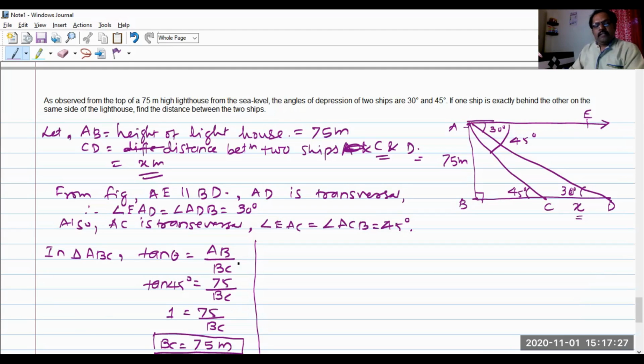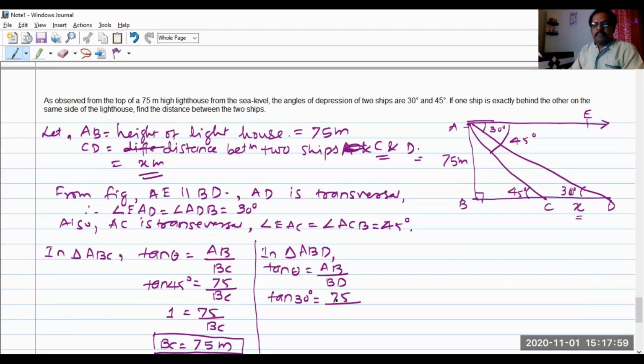After that we consider triangle ABD now. In triangle ABD, again we use tan theta only. Tan theta equals the opposite side AB over the adjacent side of the 30 degree angle, which is BD. So tan 30 degrees is equal to AB, again the same 75, over BD.